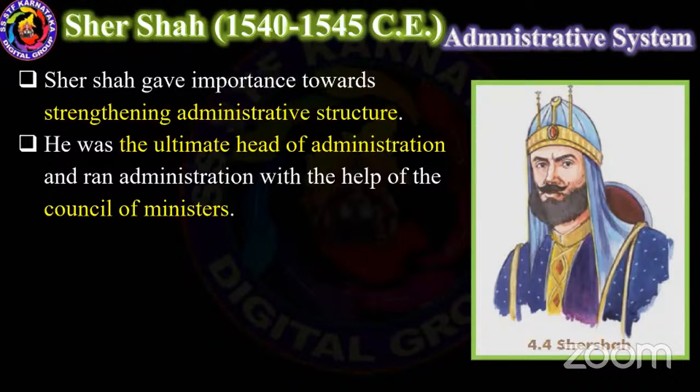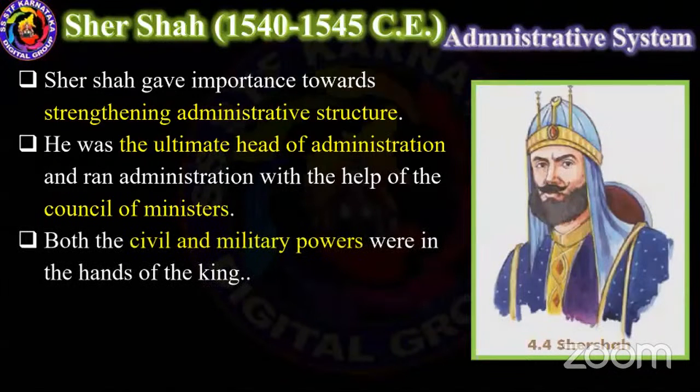So at present also, a chief minister and a prime minister have a council of ministers to run the administration, and the CM and PM allot portfolios to particular ministers to carry on the administration smoothly. Like that, Sher Shah also appointed a council of ministers and allotted portfolio responsibilities to all of them to run administration smoothly.